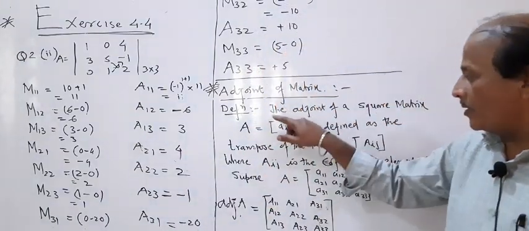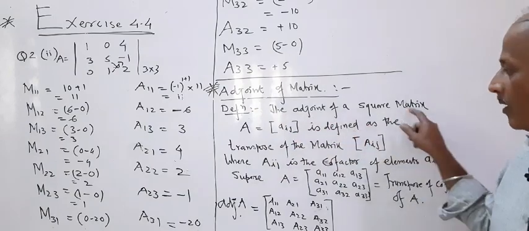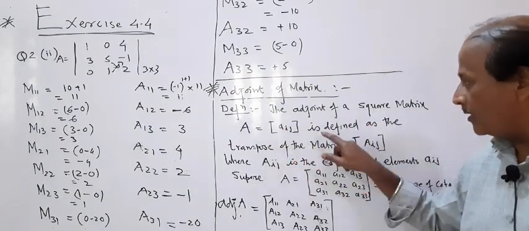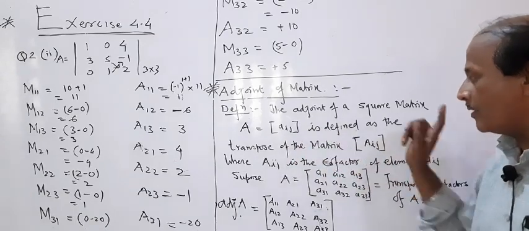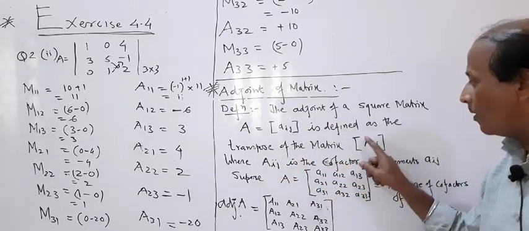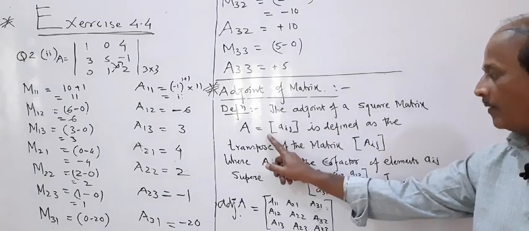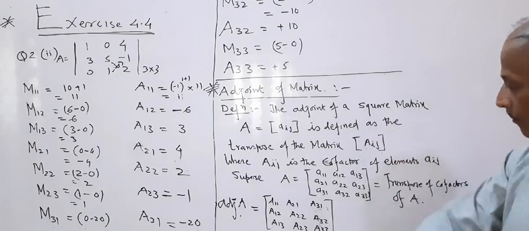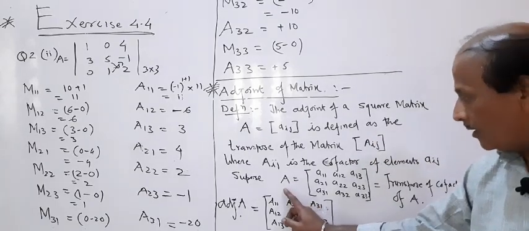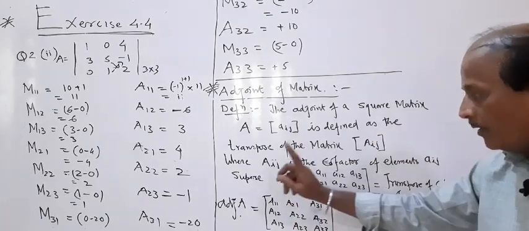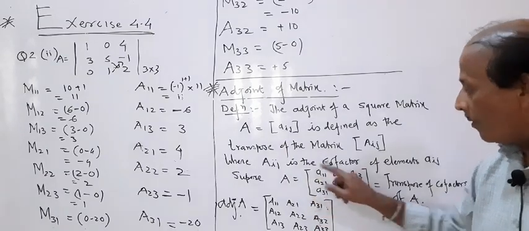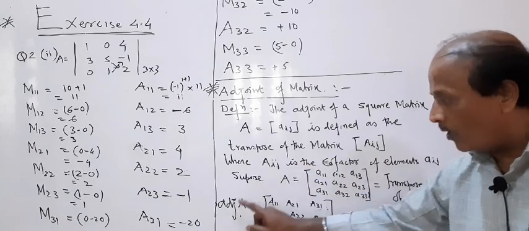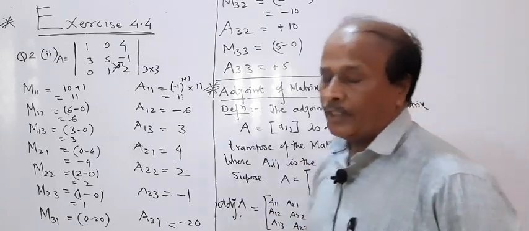Officially, the definition is: the adjoint of a square matrix A = [aij] is defined as the transpose of the matrix of cofactors of its elements, where Aij is the cofactor of element aij. Symbolically, if any determinant is given in this form, then find the transpose of the cofactors. First of all, you find the cofactors and then transpose. Whatever answer you get will be adjoint of A.